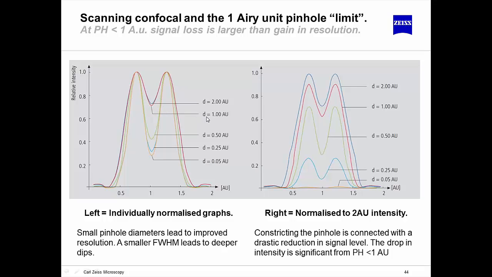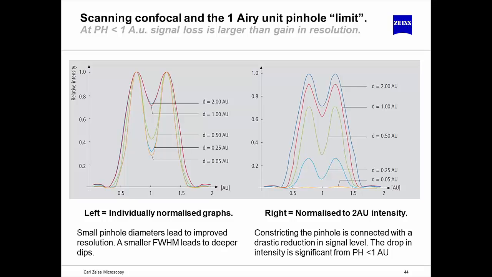Now what the graph shows you is when the area unit is 1, you get a certain dip and a certain resolving power. As you open the pinhole to say 2 area units, you don't really get an improvement in lateral resolution anymore.